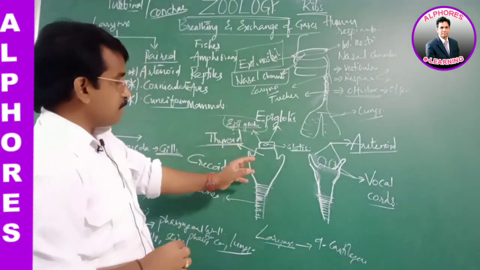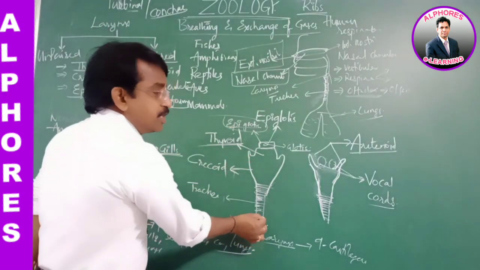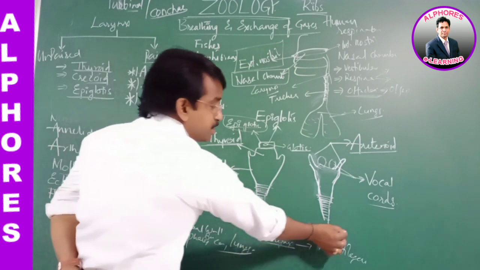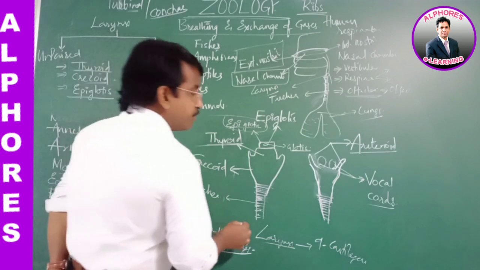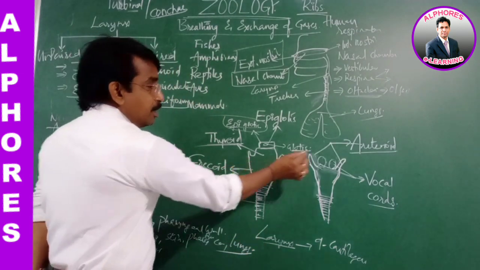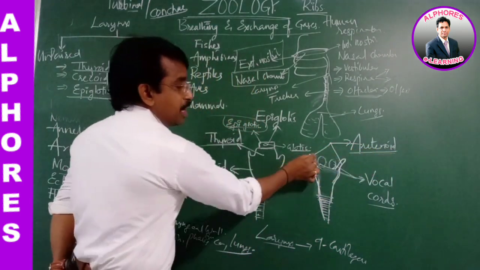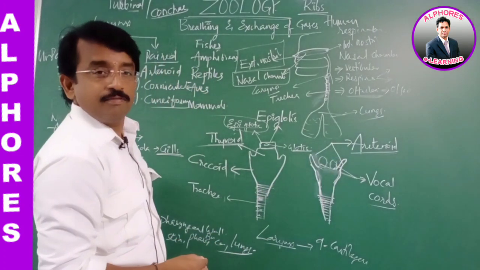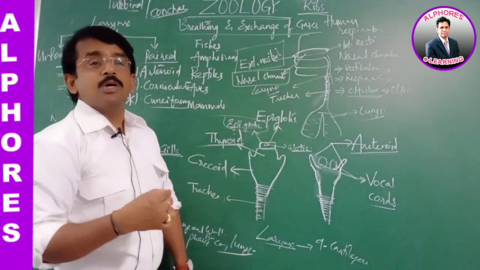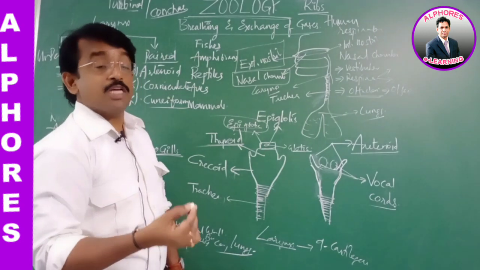So the 9 cartilages: this is the ventral portion of the larynx, and this is the dorsal. What you observe dorsally are the paired arytenoids. Next, the corniculate as well as cuneiform.